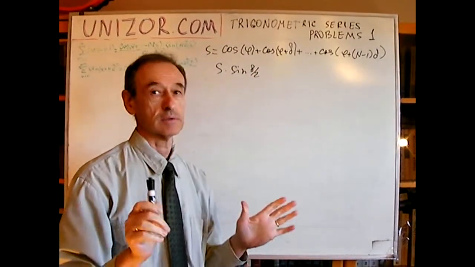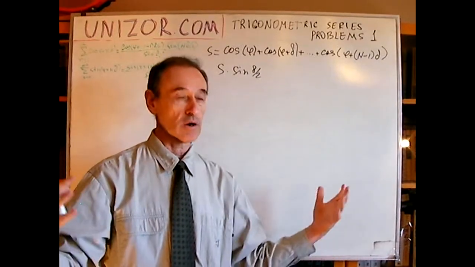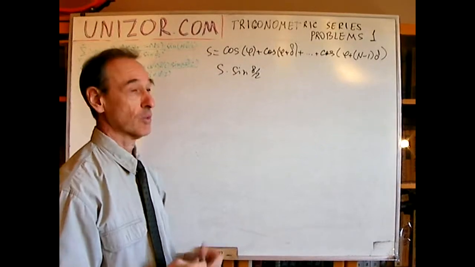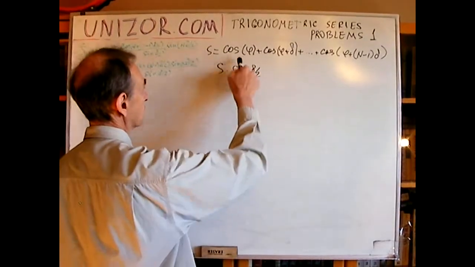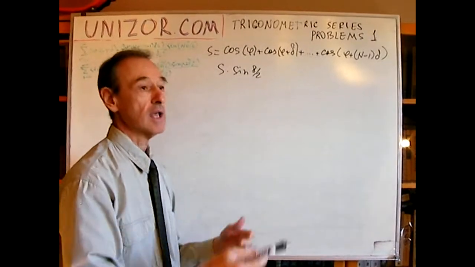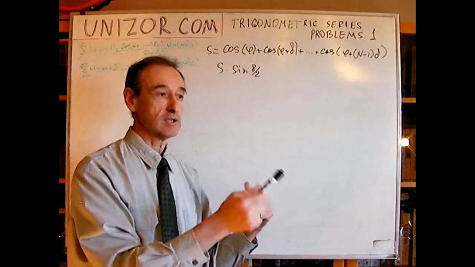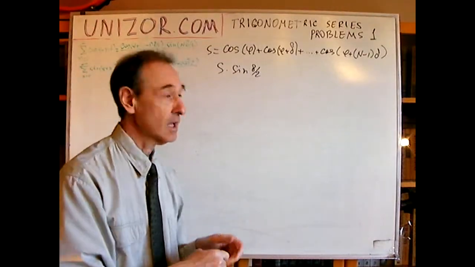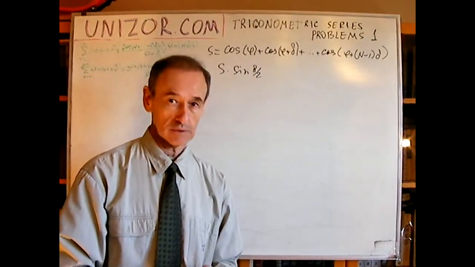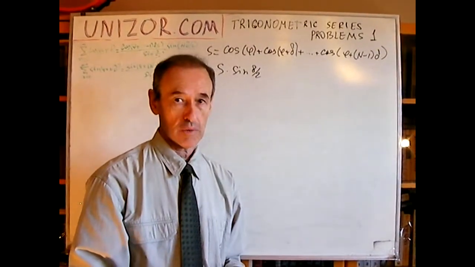If I know that somehow it just occurs to me, let's multiply by sine of delta over 2. What happens? Then I will have sine and cosine, sine and cosine every member. Then I will use my formula to convert sine times cosine into a difference between two sines. And they will reduce each other, and all of a sudden I will get the final result very simply, because only the last member and the first member actually remains.